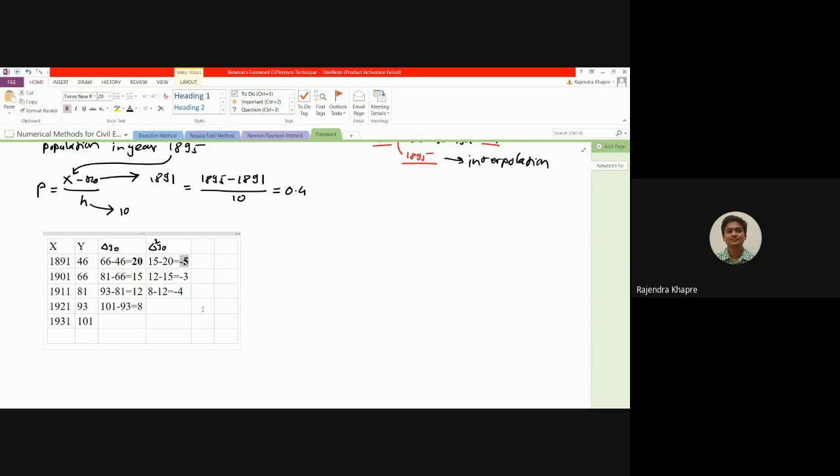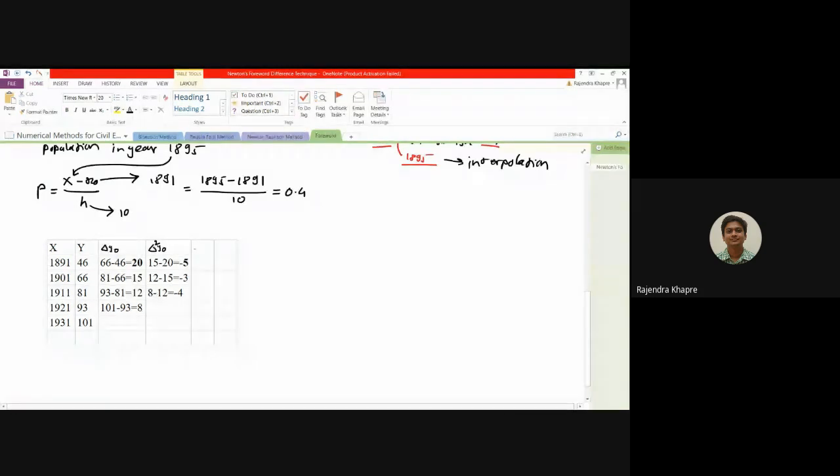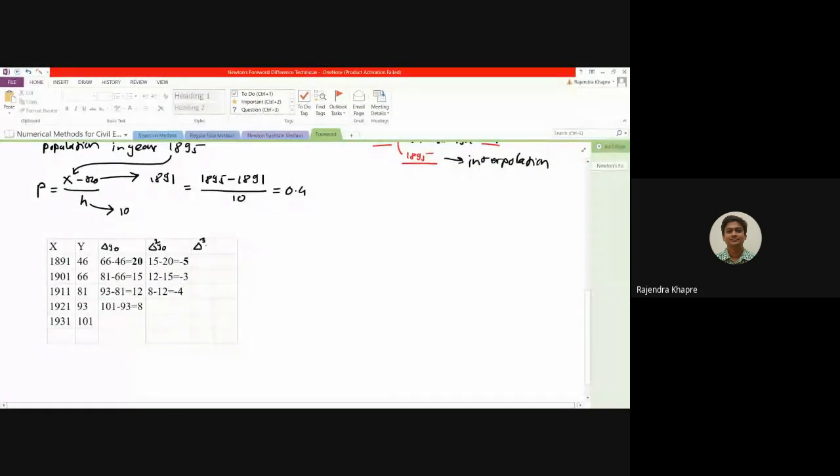I am making the first value bold. Then here we have delta to the power 3 times y0, delta cube y0. Again we are using a similar technique. So this will be minus 3 minus of minus 5. Okay? Minus 3 minus of minus 5 comes out to be 2.